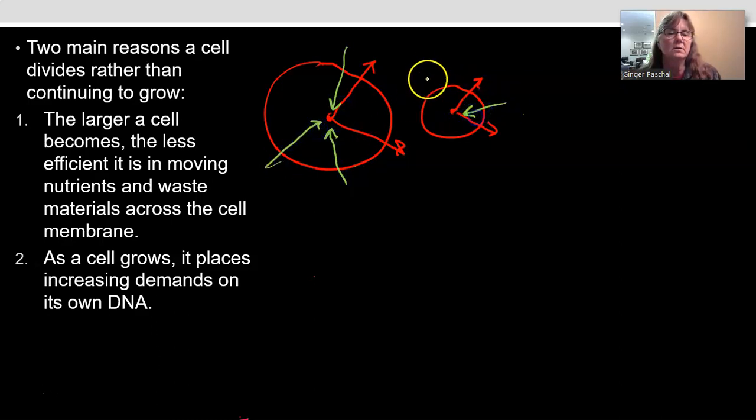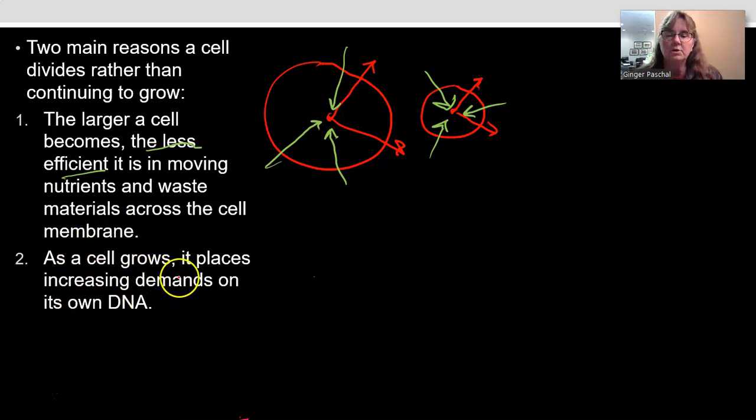So a larger cell becomes less efficient at getting nutrients in and waste material out across the cell membrane.